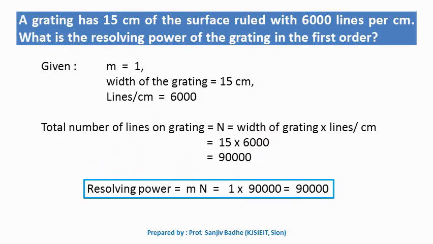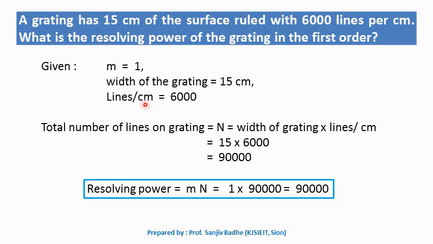Here are some numericals based on the resolving power of grating relation. A grating has 15 centimeter of surface ruled with 6000 lines per centimeter. What is the resolving power of the grating in the first order? So simple. Resolving power of a grating is, we know, m into n. m is given as 1, first order. n is the number of lines on the grating, the total number of lines on the grating.